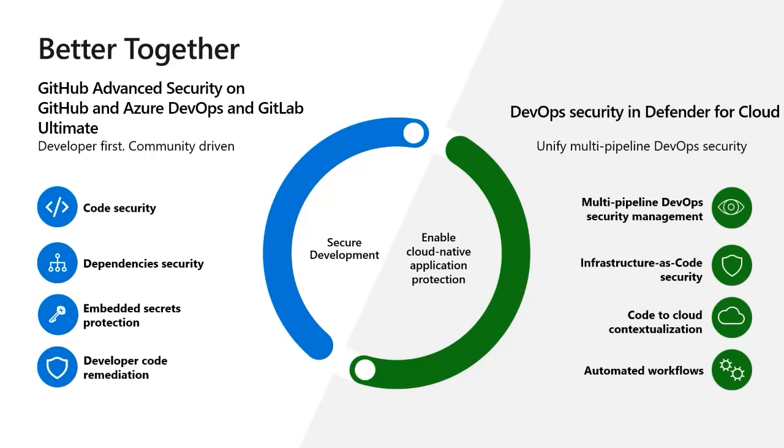While these tools are incredible, best in class for all of these purposes, with DevOps security and Defender for Cloud, we want to unify all of your application security posture into a single console. So whether you're using GitHub Advanced Security or any other proprietary tooling, we will take all of those findings in and aggregate them into this single pane of glass.